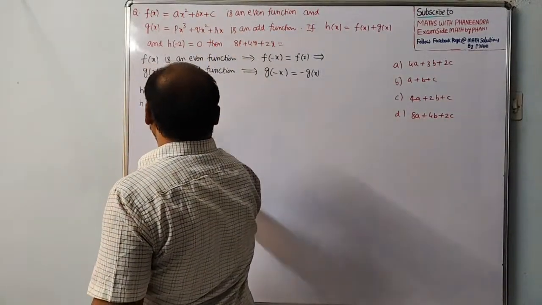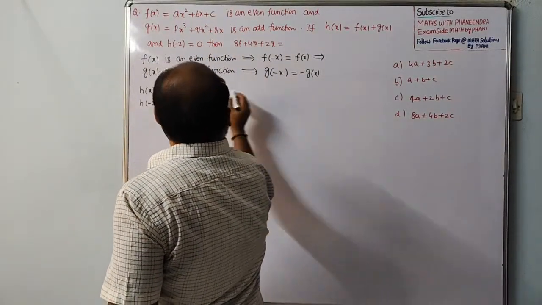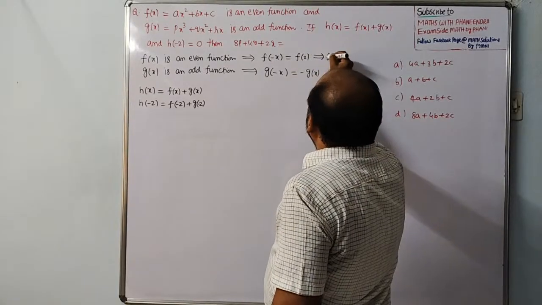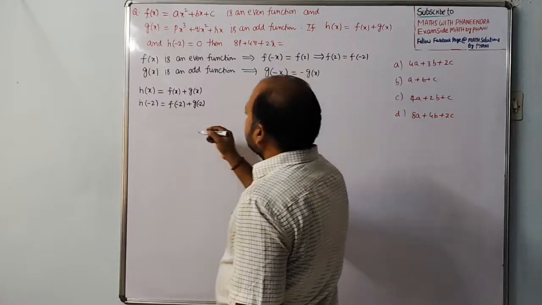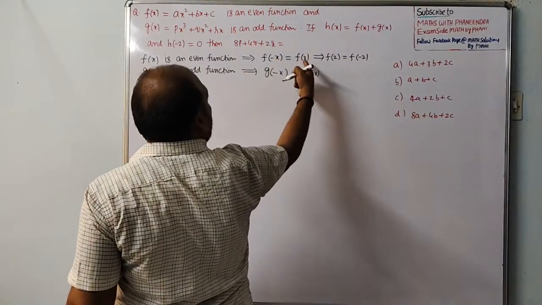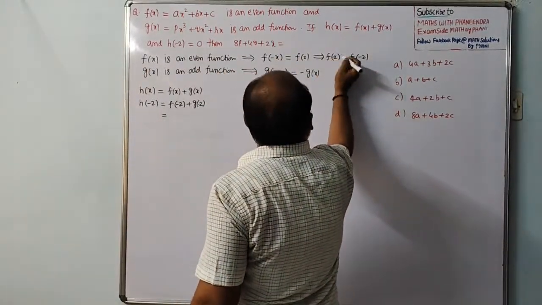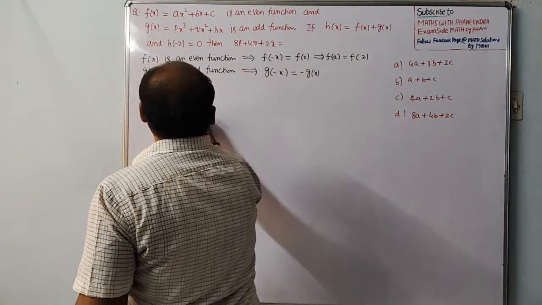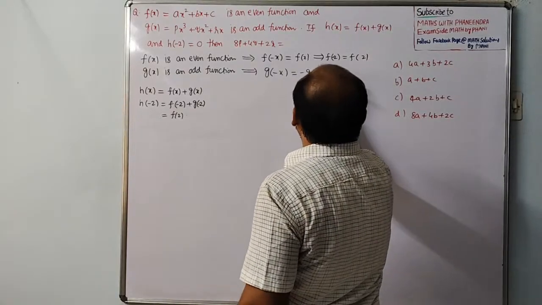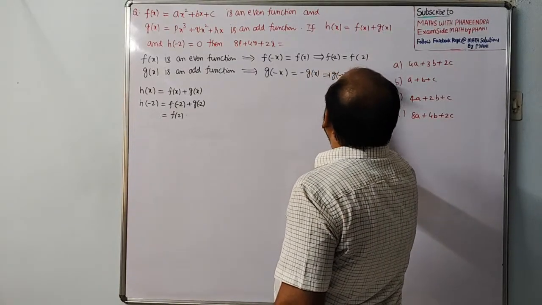Once again I verified. Here also f of 2 is equal to f of minus 2 only, no? So wherever f of minus 2 is there, I can write f of 2. g of minus 2 means minus g of 2.